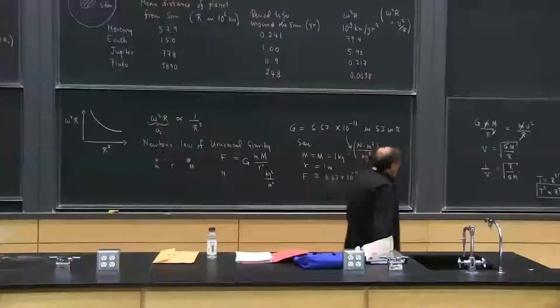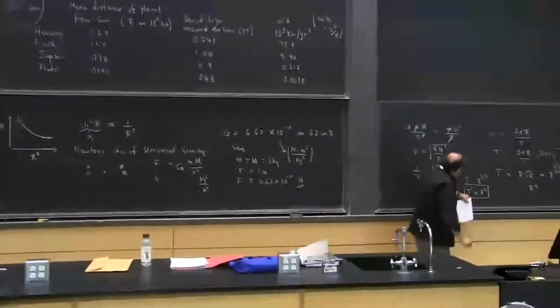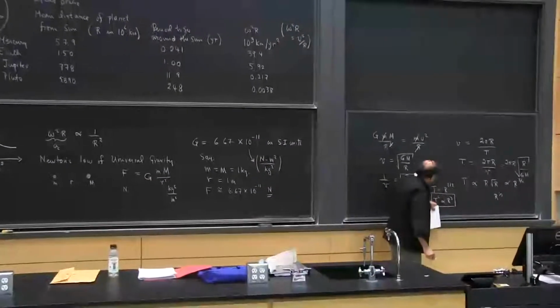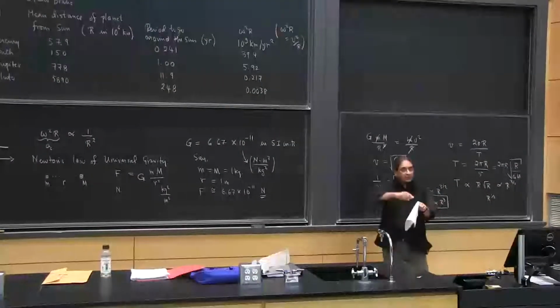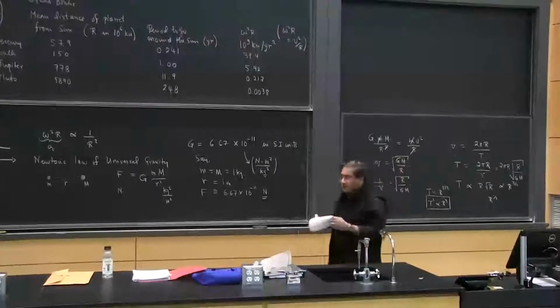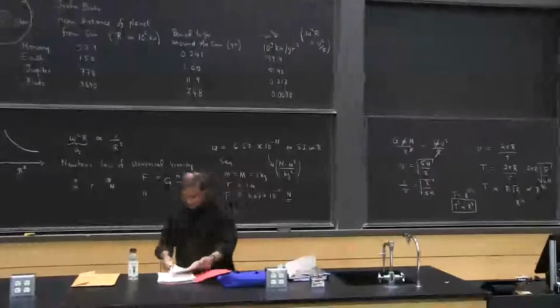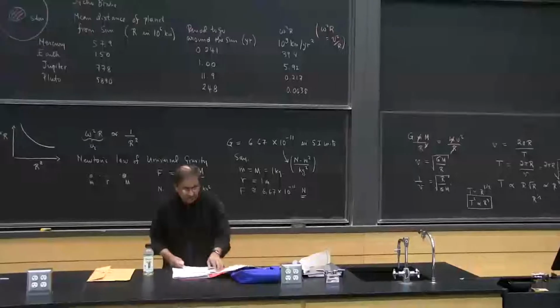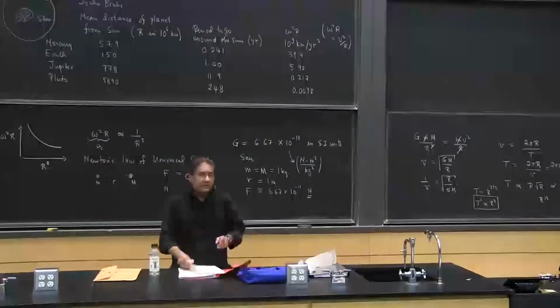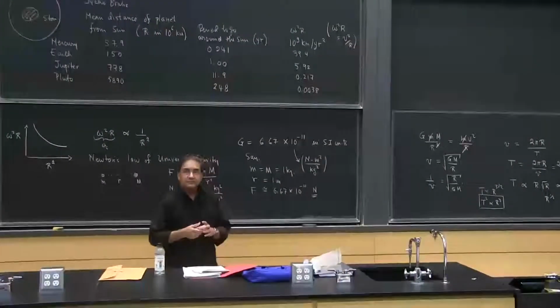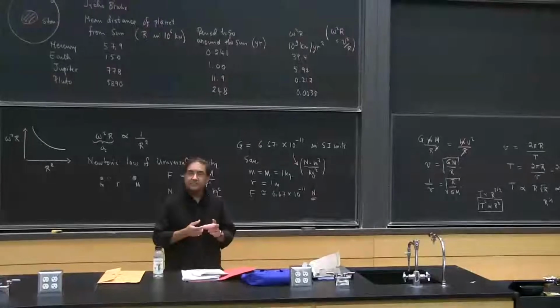And the period associated with going around, T squared, is proportional to the distance r cubed. Now, one thing I should tell you is that, to a very large degree, these orbits are not actually circular. What are these orbits like?